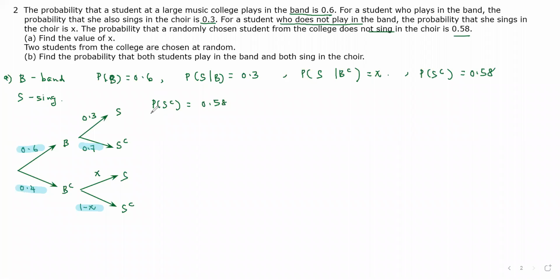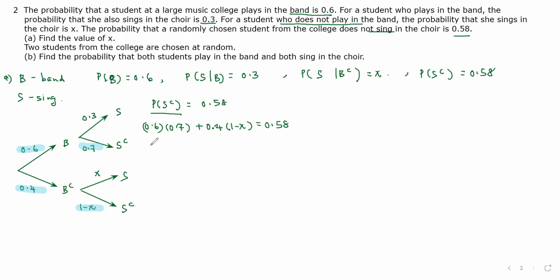So probability S complement would be 0.6 times 0.7 plus 0.4 times 1 minus X. That is 0.58.